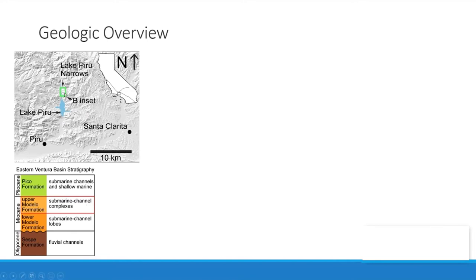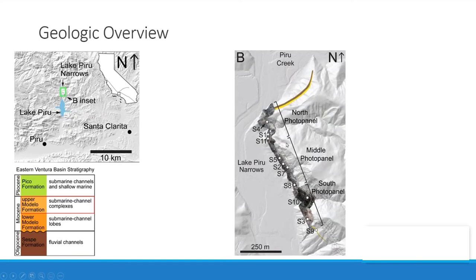If we zoom in on this inset, we see that Piru Creek has carved a really nice outcrop, and there's a pinch out of the sands in the channel element to the north and to the south. We have a 90-degree turn in the outcrop here, and if we put on the paleocurrents, most are bidirectional, but the unidirectional paleocurrent measurements are all southward.